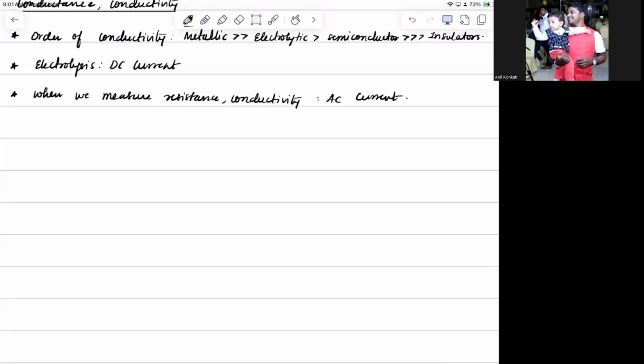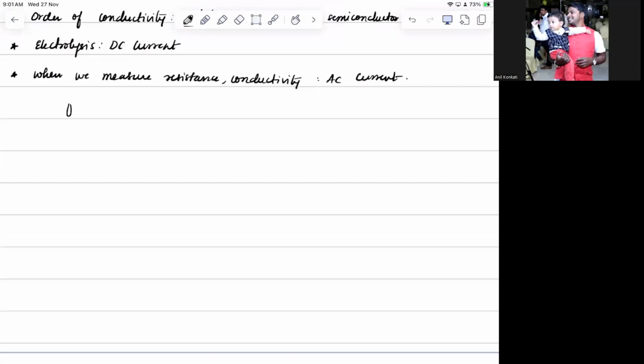Now, to remind you, the definitions of all the terms related to resistance are these. First, if you have a length L of a wire or a rod, and this is the area of cross section A, then resistance will be rho into L by A. Rho is called resistivity or specific resistance.